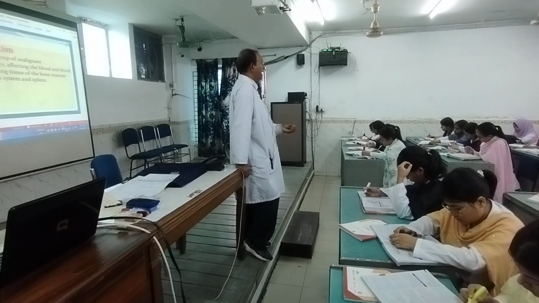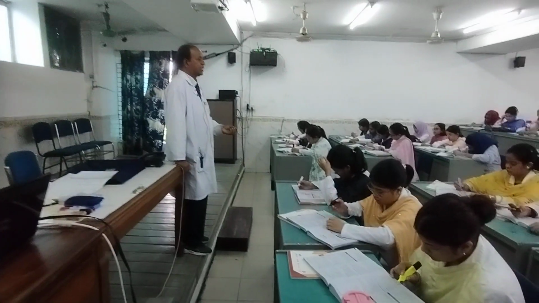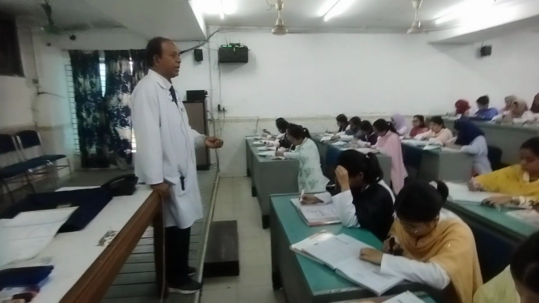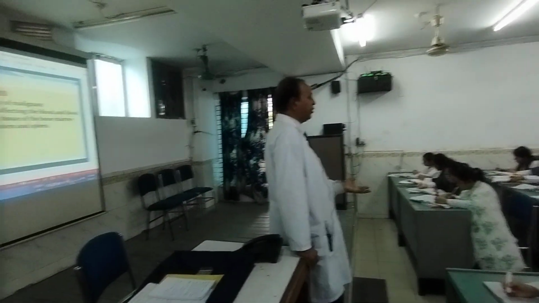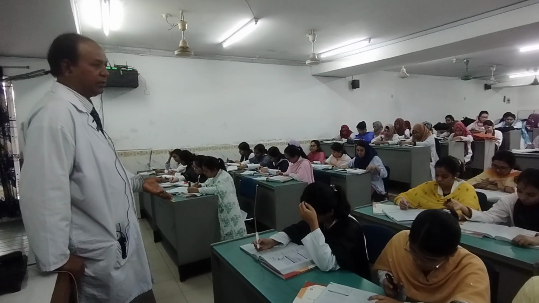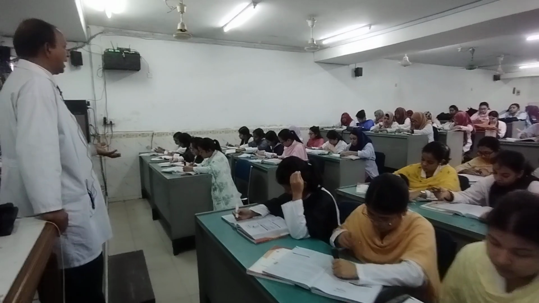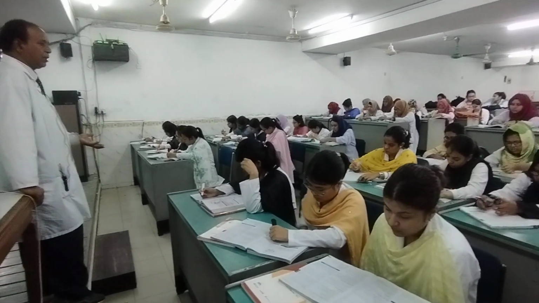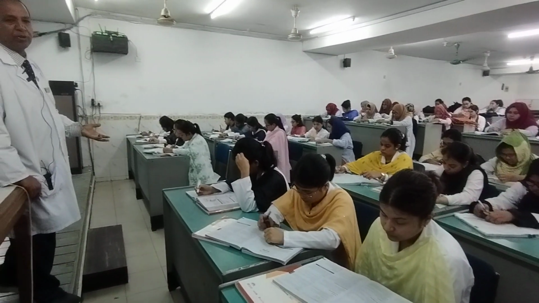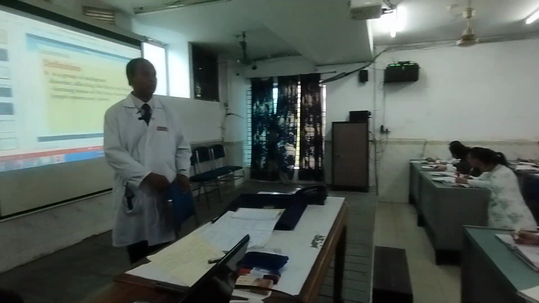Immunophenotyping means immunological cell typing: B cell, T cell, CD3, CD7, CD13, CD14, CD17. Then cytogenetics means karyotyping, to see if there is any chromosomal abnormality like the Philadelphia chromosome. Whether the Philadelphia chromosome is present or not, you should remember this.